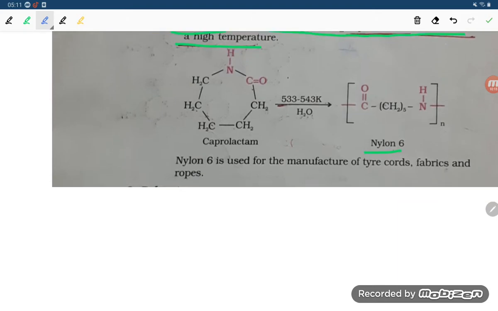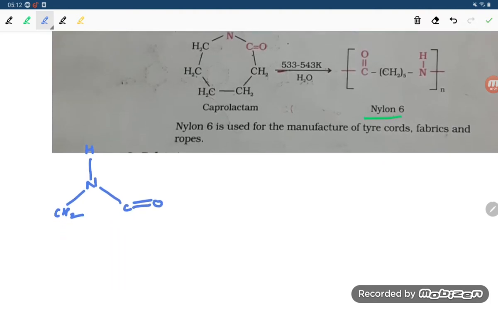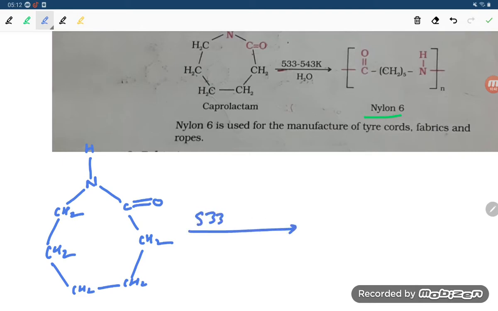right? So if you talk about this, student, nitrogen is here, hydrogen is here, this is CH2, this is C double bond O, and here is the CH2, CH2, CH2, CH2, and here is 533 to 543 Kelvin.